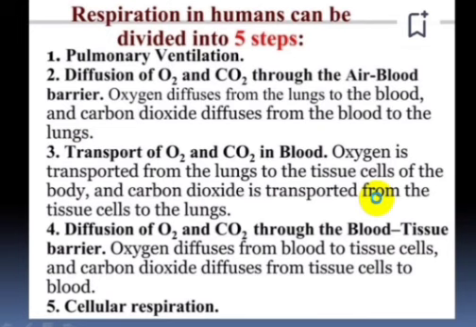But as simple as they sound, they are deep. By the time we get to transport of gases, then you begin to appreciate these steps of respiration. The 5th one, even though it's written cellular respiration, we are actually looking at control of breathing, control of respiration.